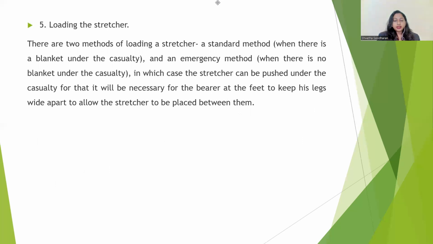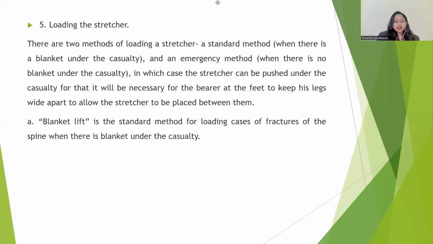One is the standard method that we usually use, with the blanket already underneath the casualty. The other is an emergency method where there is no blanket underneath, in which case the stretcher can be pushed under the casualty, and it will be necessary for the bearer at the feet to keep his legs wide apart and allow the stretcher to be placed between them.